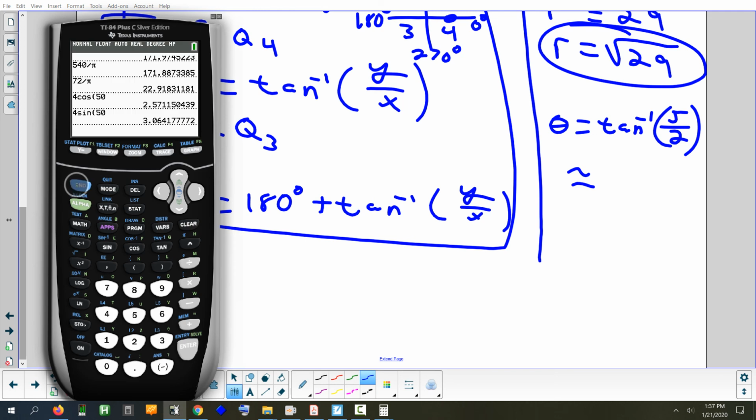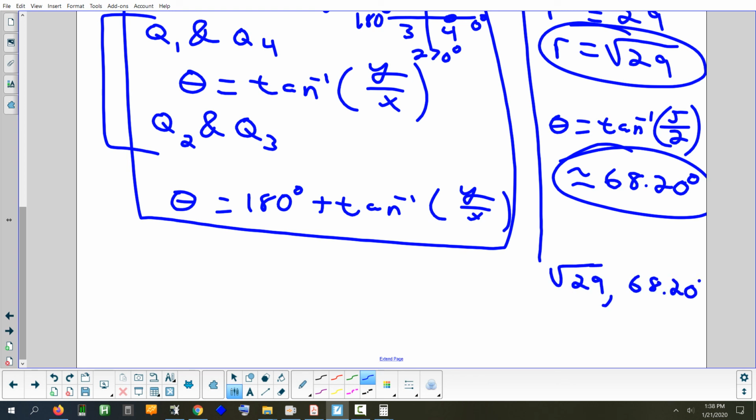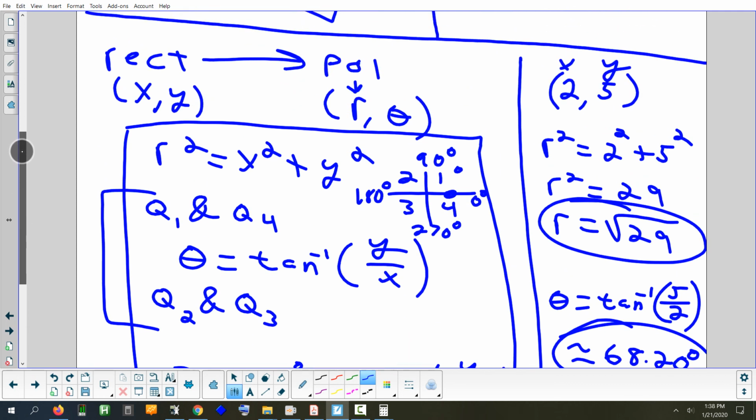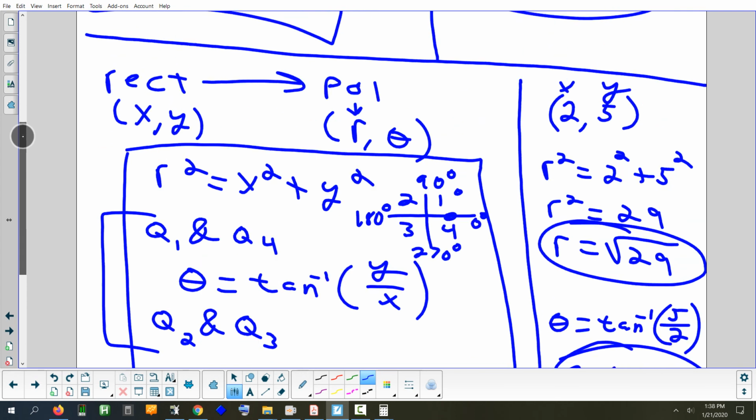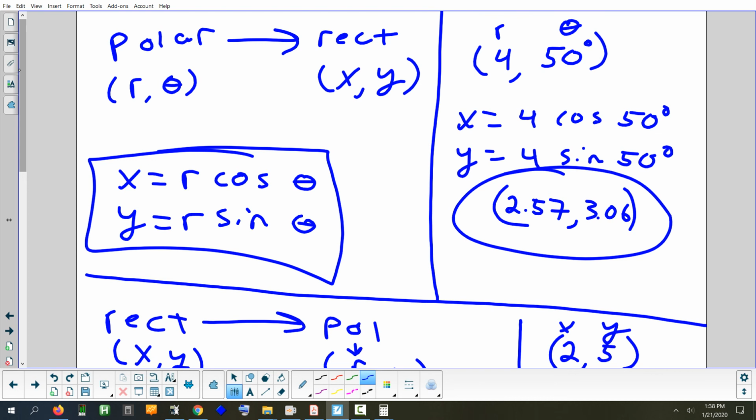So my angle is approximately 68.20 degrees. Okay, so we've got our radius, we've got our angle. Just write it as a coordinate for your final answer: square root 29, comma, 68.20. So that's how you change from rectangular to polar, and the one above it was polar to rectangular.